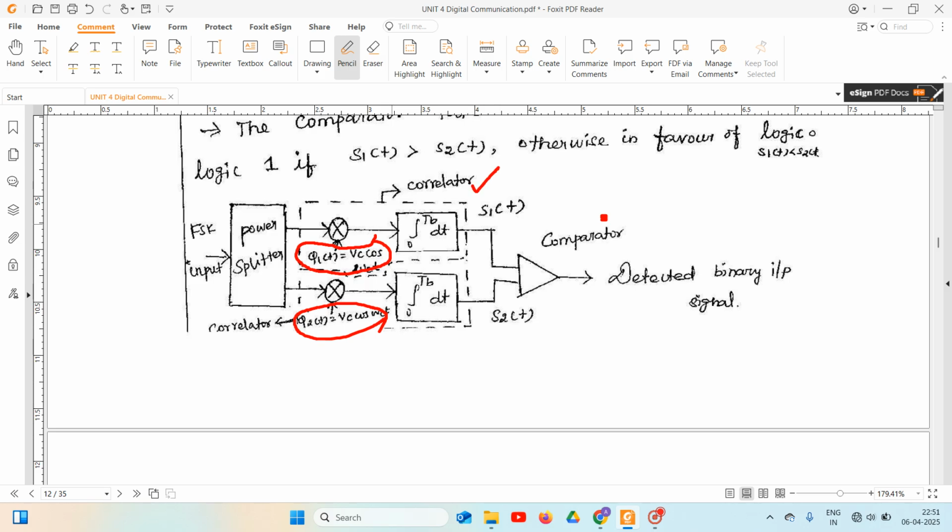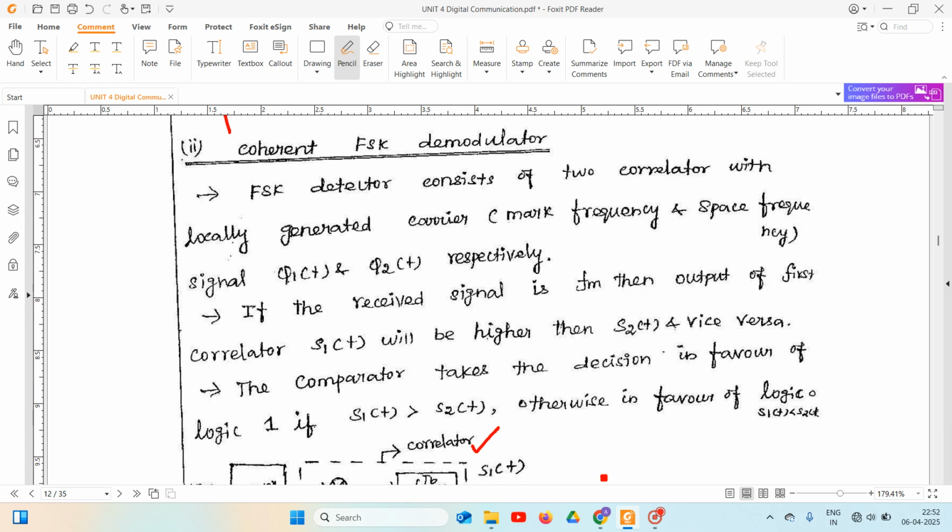The correlator consists of a multiplier and a one-bit integrator, a one period integrator. It integrates over one bit period, 0 to Tb. In the multiplier we are using two carrier frequencies, the mark frequency and the space frequency.